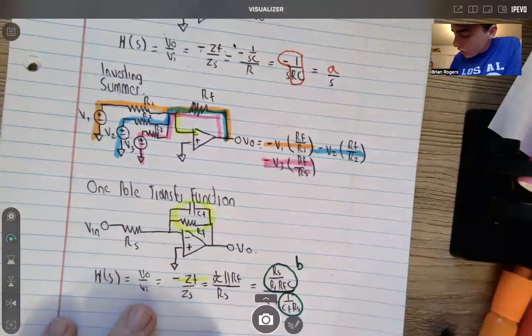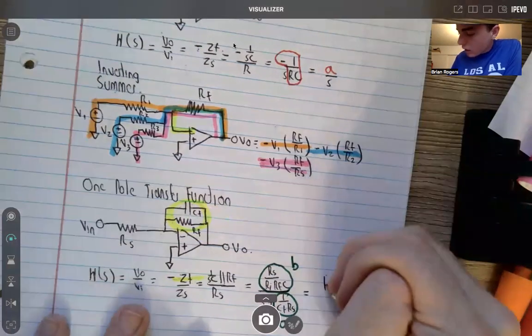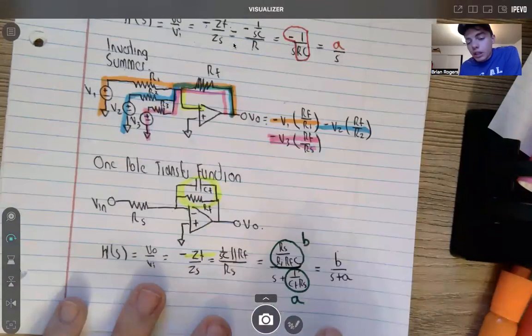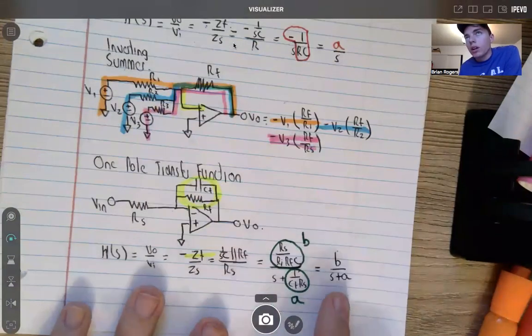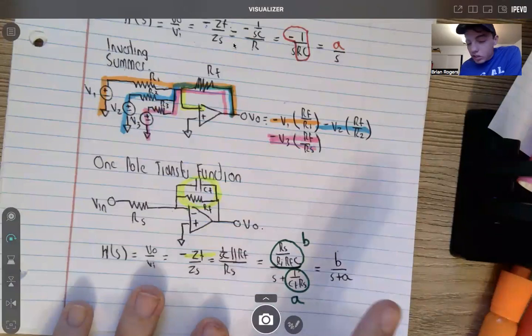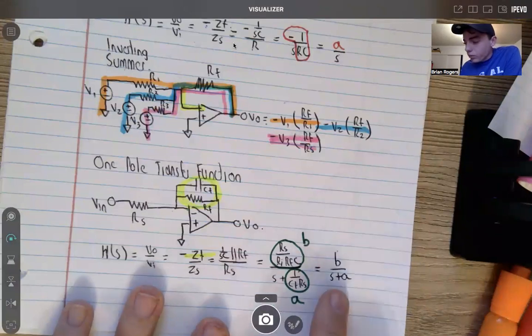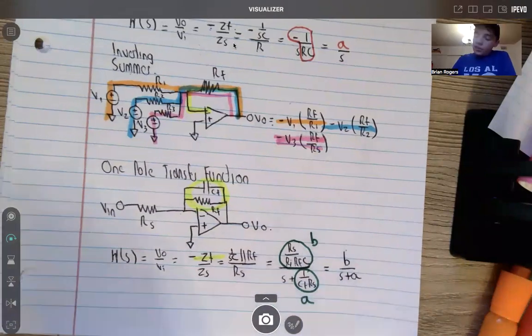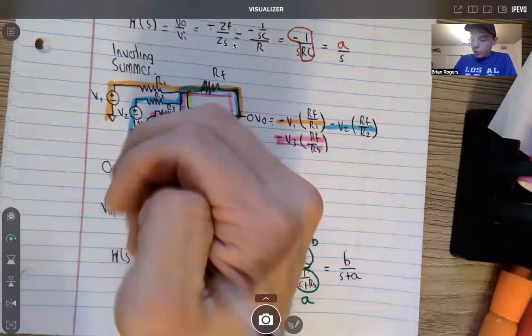It's because this is B over S plus A. And remember, when we're doing pole analysis, that's when our denominator is set equal to 0. And so there's going to be one value of S that makes this denominator equal 0. That's why it's called one pole, which I find more important.